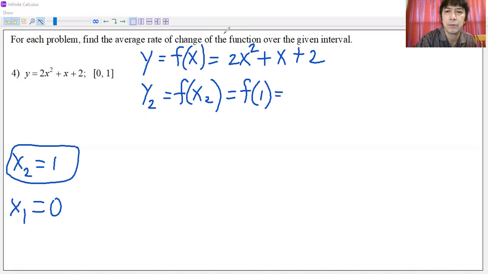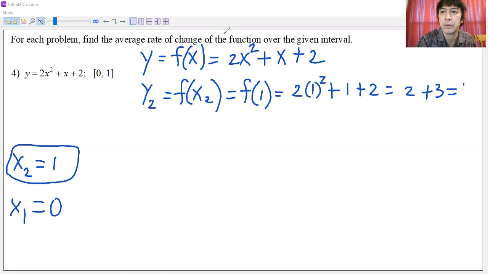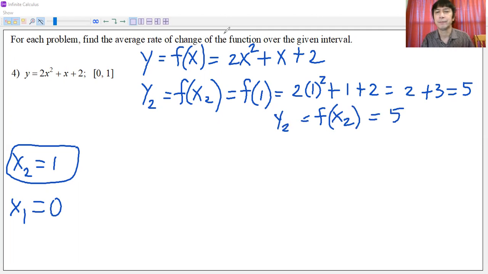And this is equal to 2 times 1 squared plus 1 plus 2, which is equal to 2 plus 3, which is 5. So we have the value f of x2 equal to 5, and this is our y2.